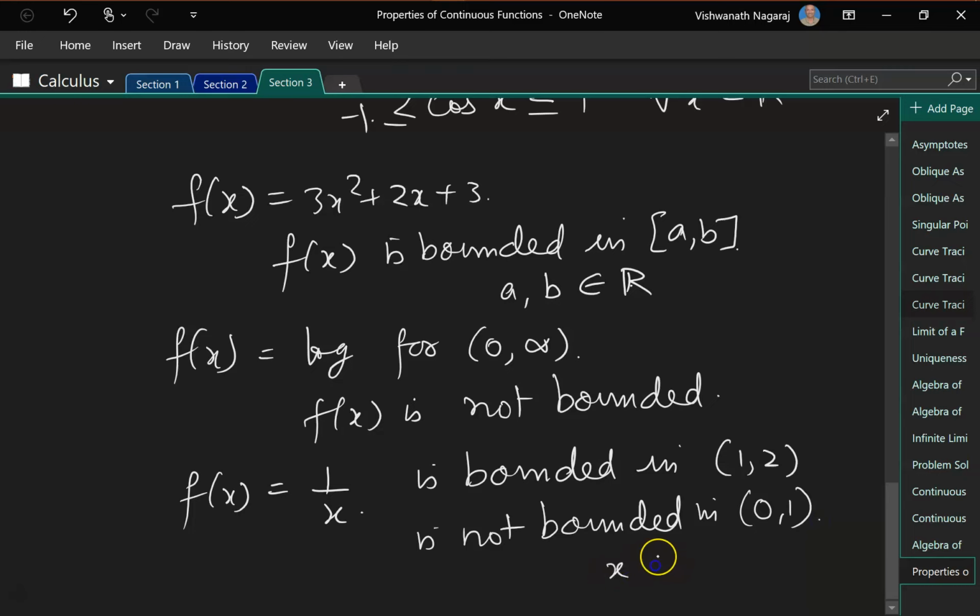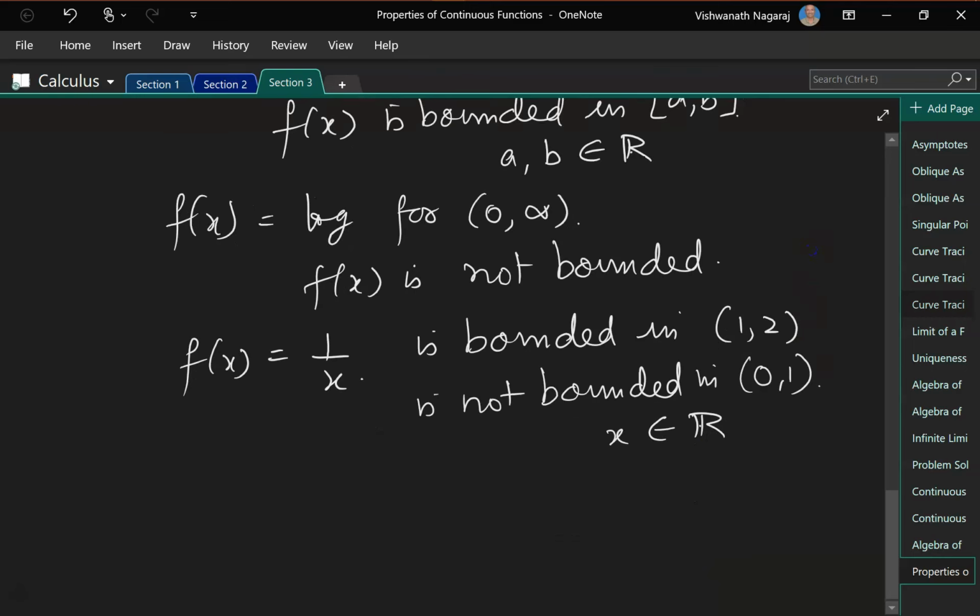And here x again belongs to the set of real numbers in both cases. Now the best way to understand this is to look at the graphs of the functions. Use any graphing calculator and look at the graph between 0 and 1 and between 1 and 2.